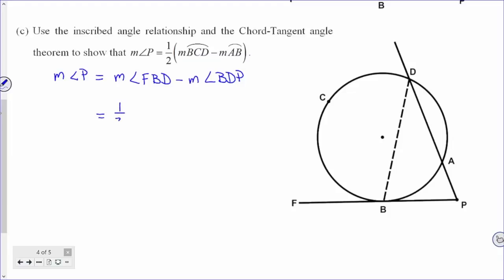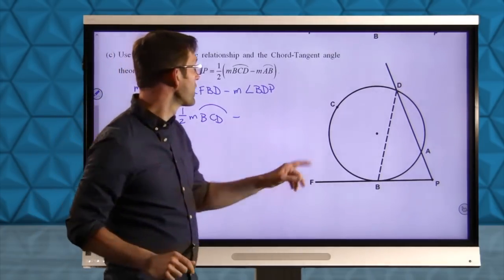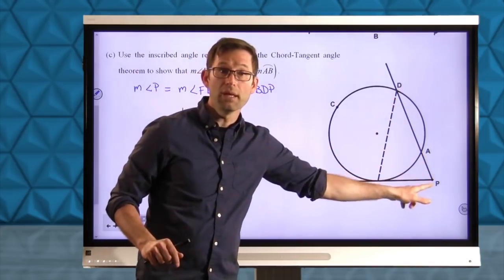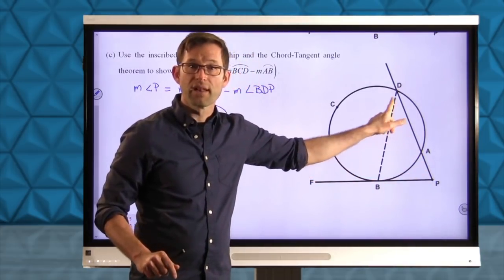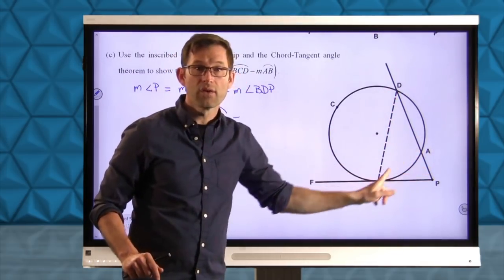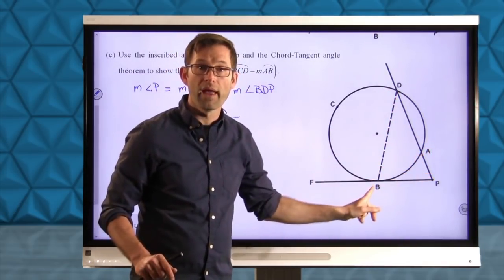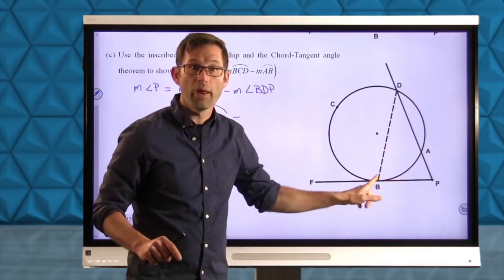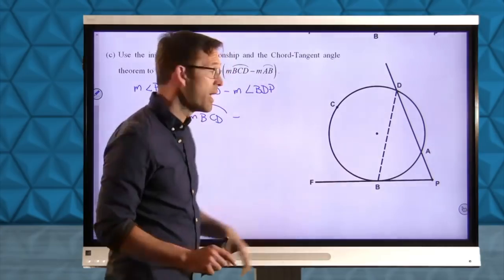So 1/2 the measure of arc BCD. Now, angle BDP, on the other hand, is an inscribed angle. It's an angle that has its vertex on the circle and whose two rays intersect the circle, specifically at point A and point B. Therefore, the measure of angle BDP is just 1/2 the measure of arc AB.